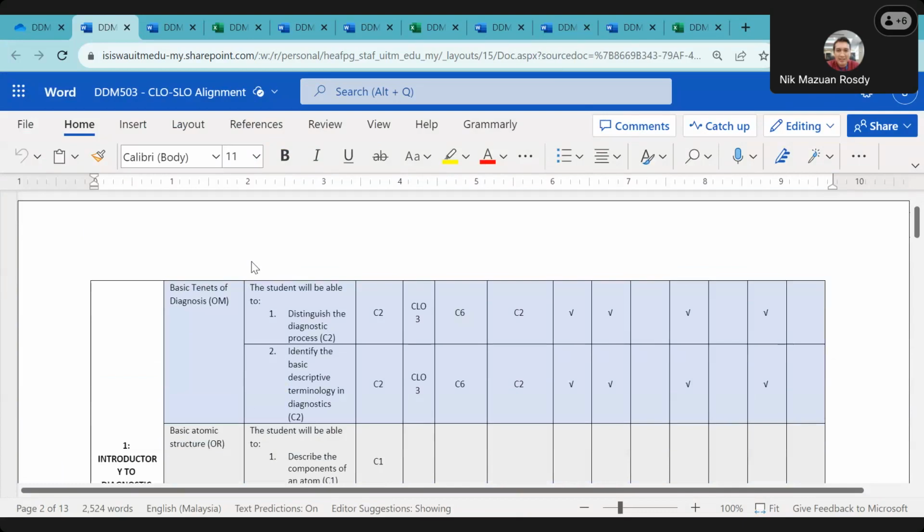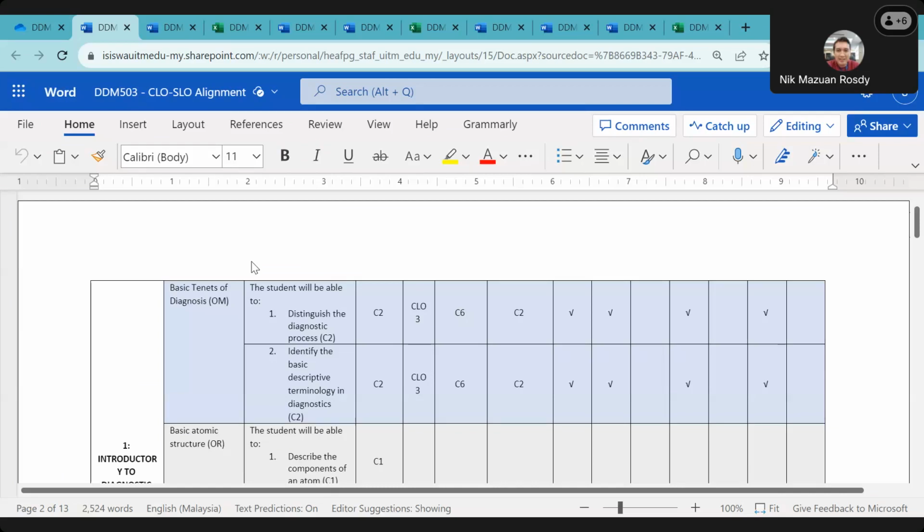So bila you map kepada satu PLO yang dia adalah C5, maksudnya apa sekarang ni? Sorry, is it PLO or CLO? Maksudnya SLO tu lebih tinggi daripada PLO. Sebenarnya SLO tu tak boleh lebih tinggi daripada PLO because PLO adalah tiang kepada kursus kita. So whatever kursus kita ni ataupun program kita ni kena address the required of the program learning outcome ni.